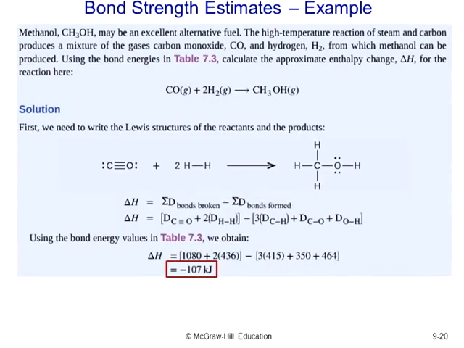So let's work a problem. Methanol, which is CH3OH, may be an excellent alternative fuel. The high temperature reaction of steam and carbon produces a mixture of the gases carbon monoxide, CO, and hydrogen gas, diatomic H2, from which methanol can be produced.